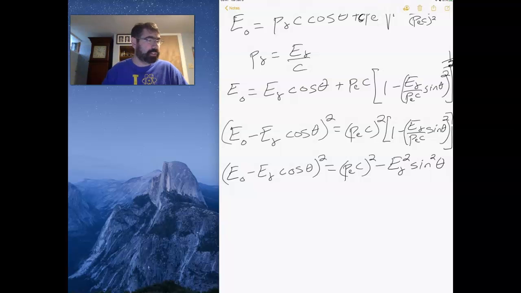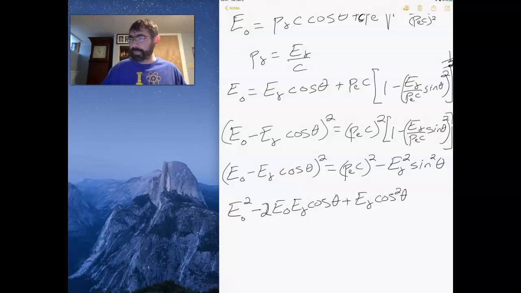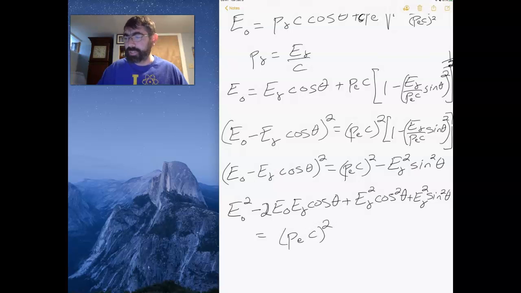We now have to square the left-hand side, and so we get E initial squared minus 2 E initial E gamma cosine theta plus E gamma squared cosine squared of theta. And why don't we add E gamma squared sine squared to both sides? So I get E gamma squared sine squared of theta is now equal to PEC quantity squared.